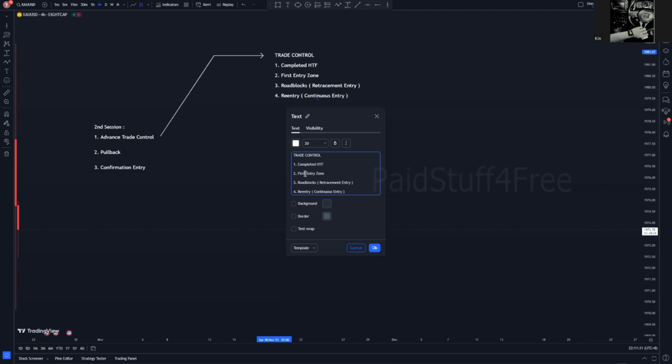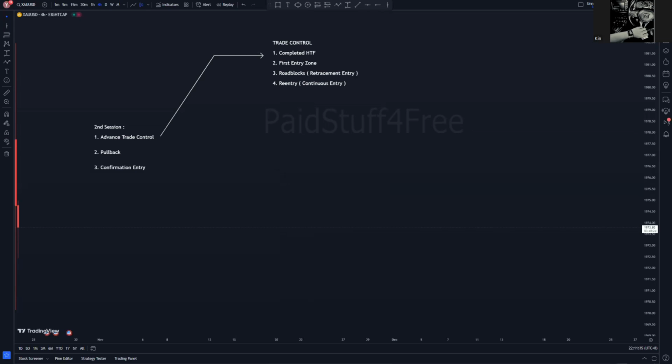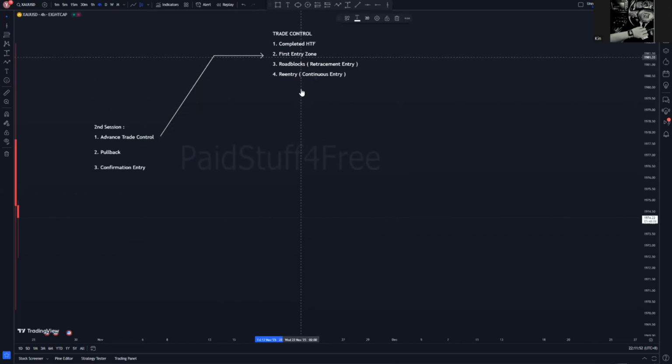So number 1, number 2, number 3, number 4. If you master all 4 of these, you will understand what is going on with the chart, what will happen to the chart, what the price is going to do next, and so on. So let's go to the first one, how it looks and how it works.